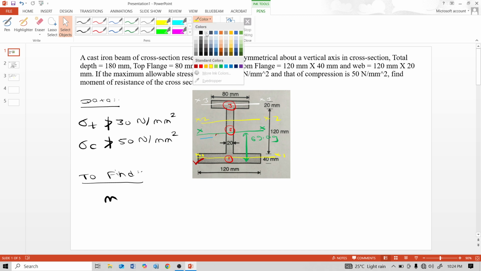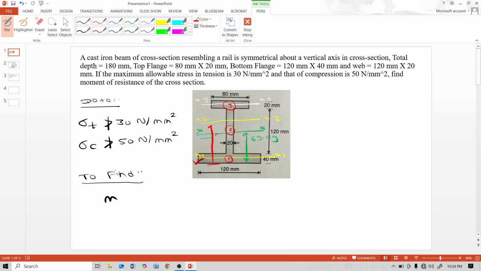So 100 minus 69.09 is the distance between the x-axis and x2 axis: 30.91.